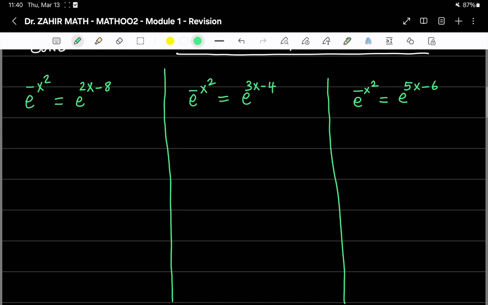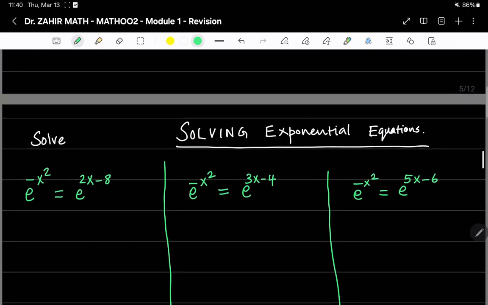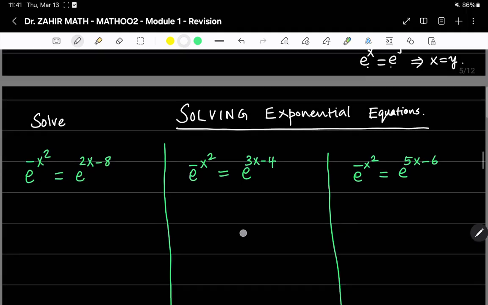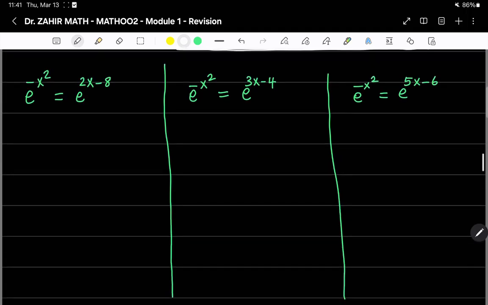So what rule are we going to use? Of course, e power x is equal to e power y if the base is same, which implies x is equal to y. This is the rule we are going to use. Look here, base is same.